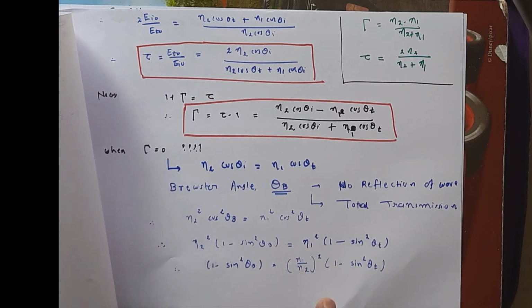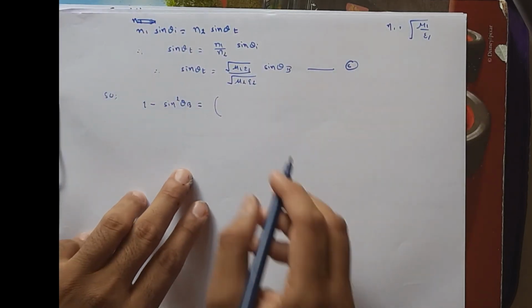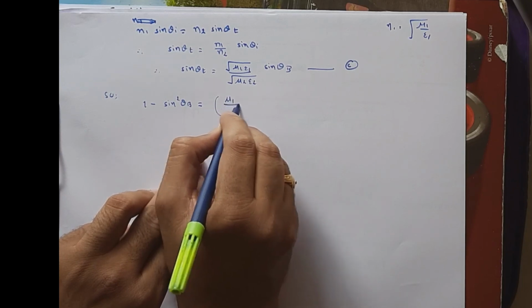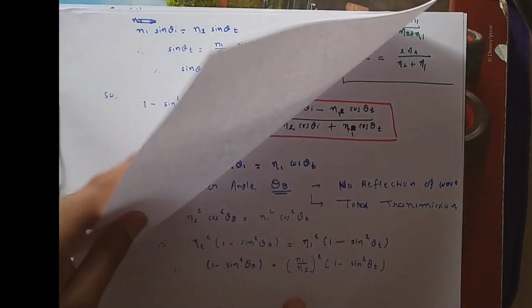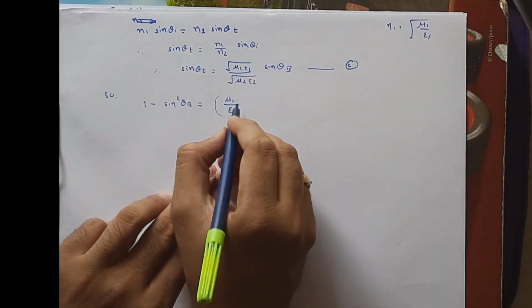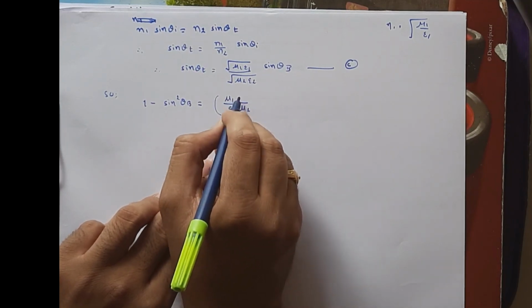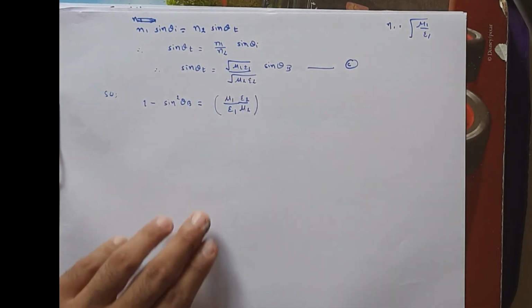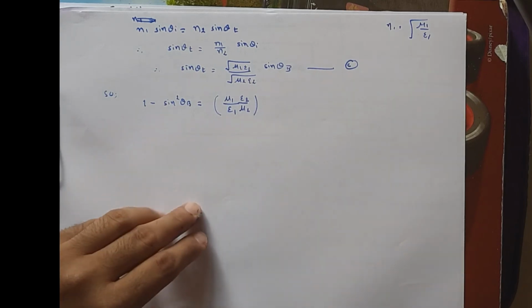So n1 by n2. What is eta 1? Eta 1 is the square root of mu1 by epsilon 1, and what is eta 2? Mu2 by epsilon 2. Clear?